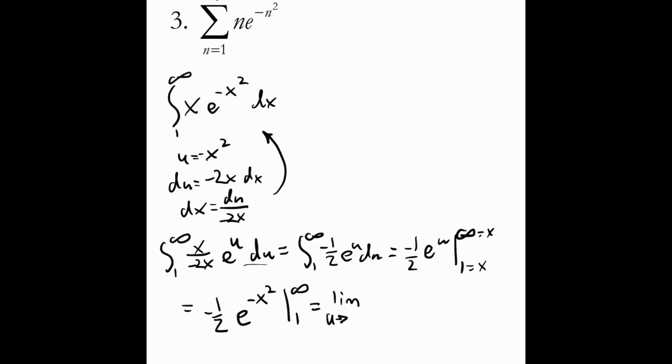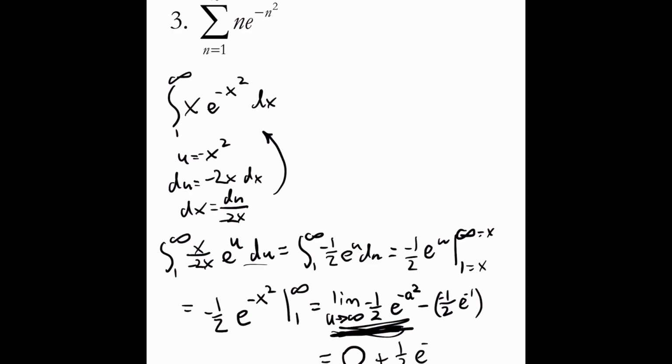So that is the limit as a goes to infinity of negative 1/2 e to the negative a squared, minus negative 1/2 e to the negative first. And now what is this limit? Well, a is going to infinity, which means our exponent's going to negative infinity, which means that term is going to 0. And this is going to give us plus 1/2 e to the negative first. And all we really care about is that this is finite.